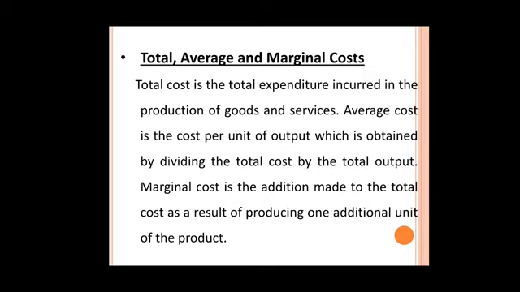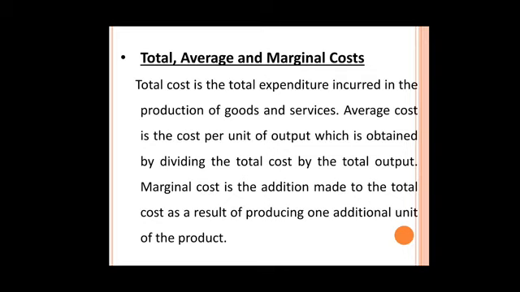Now coming to total, average and marginal costs. Dear students, total cost is the total expenditure incurred in the production of goods and services, or in other words, we can define it as the total outlay of money expenditure, both explicit and implicit, on the resources used to produce a given output.